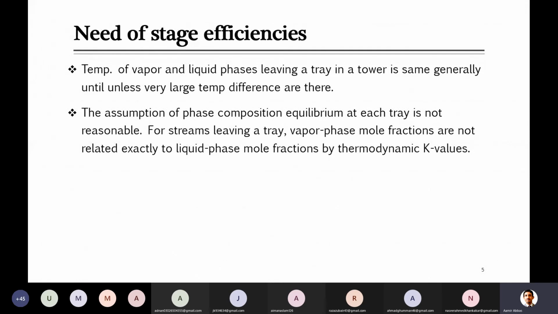of any component, for example, which we want to transfer from vapor to liquid or liquid to vapor on any stage where liquid and vapor come in contact. So when you are not achieving thermodynamic equilibrium on each tray, it means the plate will not give you the specific separation you expected theoretically.